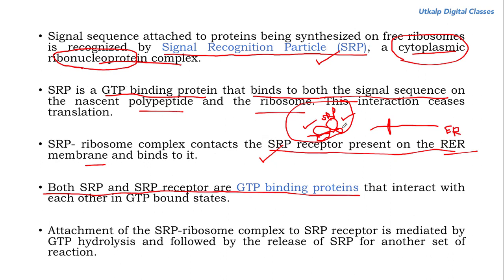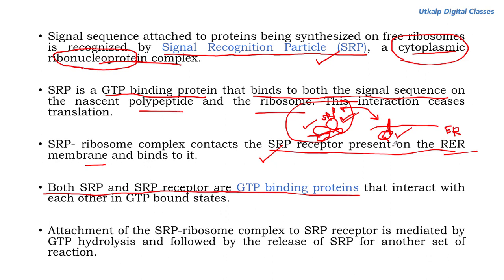Similar to SRP, which was bound by GTP, here also the SRP receptor is a GTP binding protein. So say this is a molecule of GTP. Only when the SRP receptor is bound to GTP and the SRP is bound to GTP can the SRP and SRP receptor interact. So in their GDP bound states, both of them cannot interact with each other.